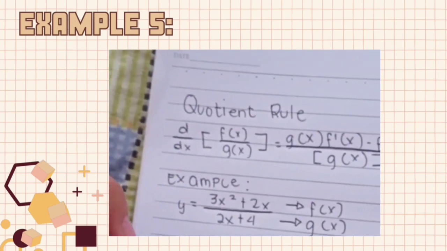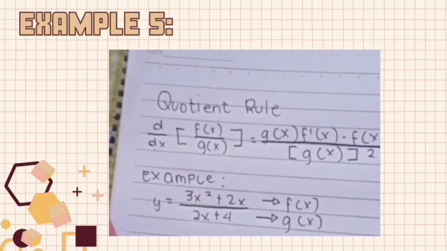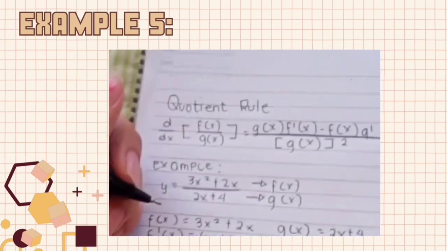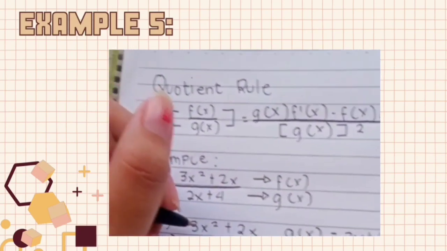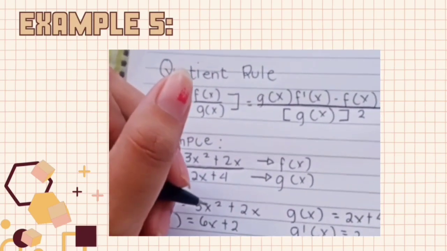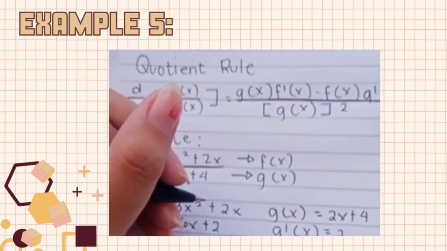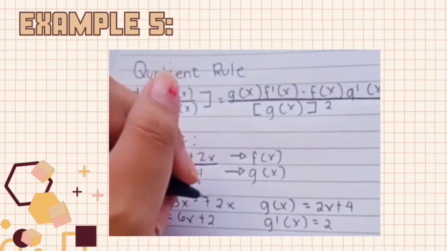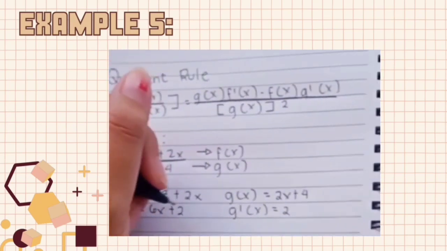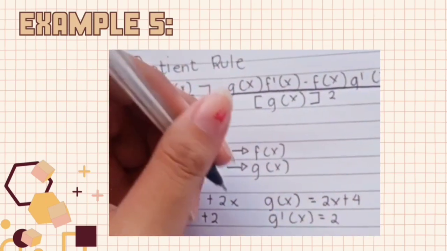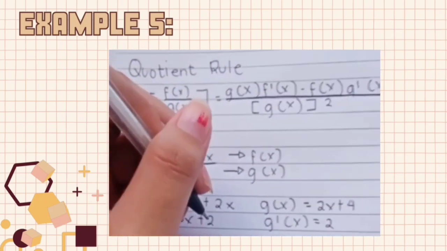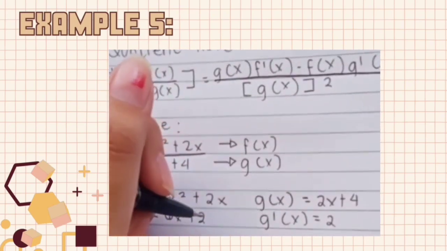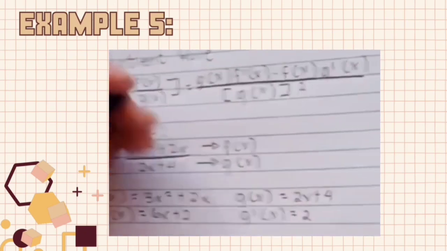And in order to get the f prime of x, we need to apply the power formula, which is 3 times 2 is equal to 6, and we need to deduct 1 on the exponent, so it will be x. On the other hand, the 2x will become 2 because the exponent of x is 1. The x is no longer needed here, so it will become 2 only.